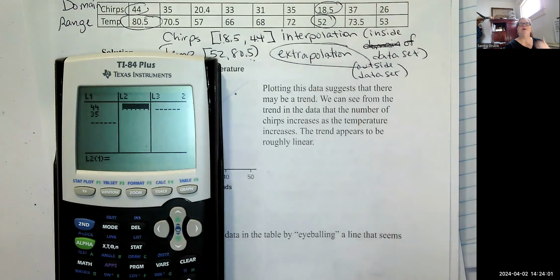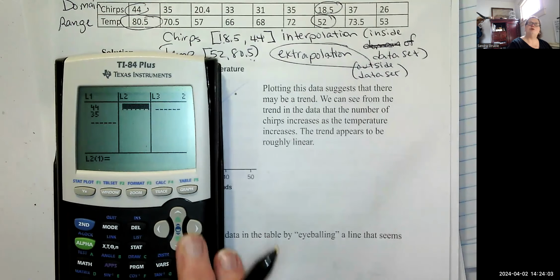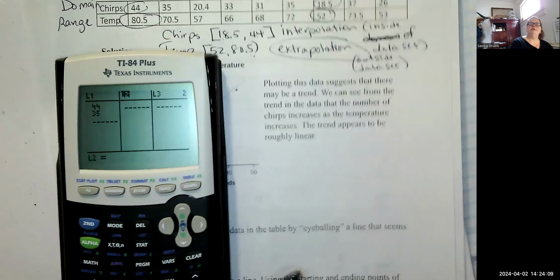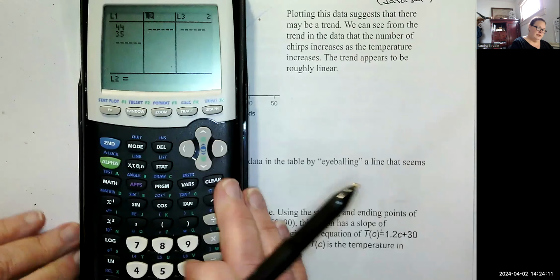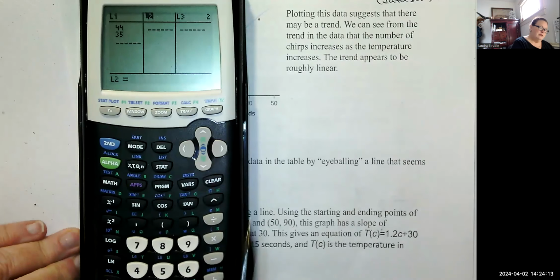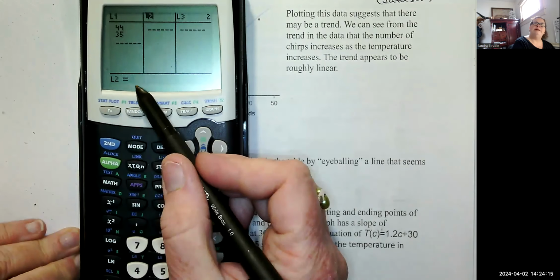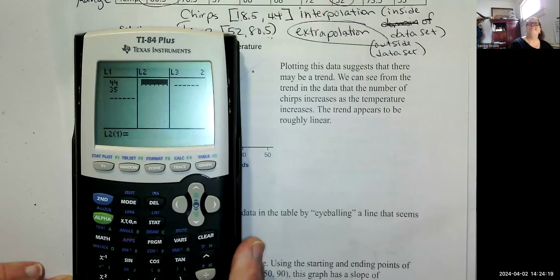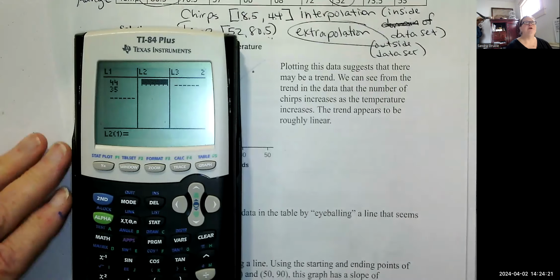So just hit clear and enter. All you have to do is scroll up to make sure it's highlighted. Hit clear, and notice it's got L2 is equal to blinking, hit enter, and it will clear it. Okay, that's it. I'm going to pause the video.